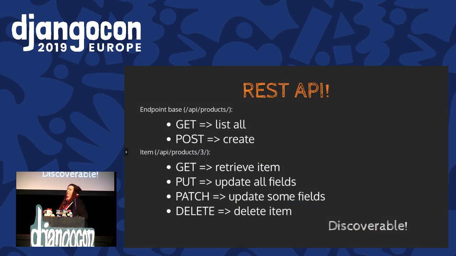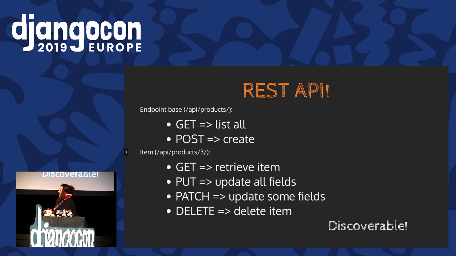So when we talk about the web and APIs, we usually talk about REST APIs. There's recently things like GraphQL that have been introduced to the scene, but here we're here to talk about REST APIs with Django. And usually, what does a REST API with Django and Django REST framework look like?